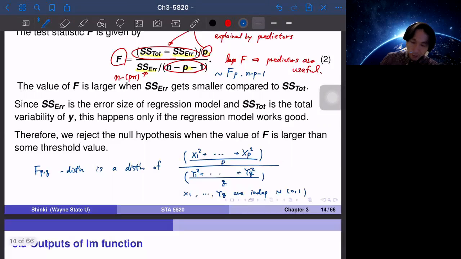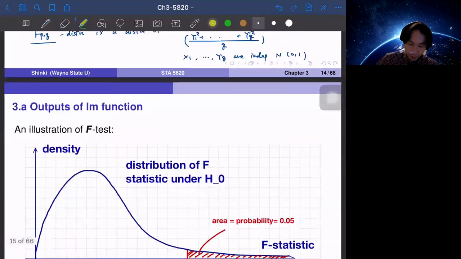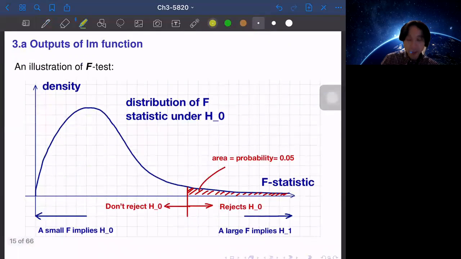Since we know the distribution of this F is F sub p, n minus p, we can decide the threshold. So this is the distribution of F. If F is large enough, to be exact, if F falls in this range, we reject the null hypothesis. Otherwise, we don't reject.